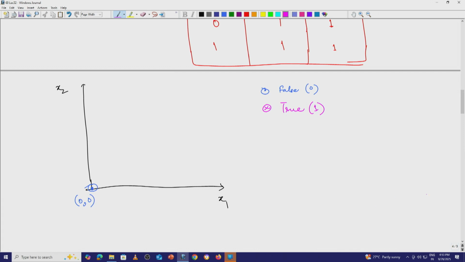Here you have 1 0, which will also evaluate to be true. Here on the vertical axis you will have 0 1, which is true, and finally 1 1 will also amount to true. Okay. So these are the 4 points here, and this is the example of the OR logic gate.